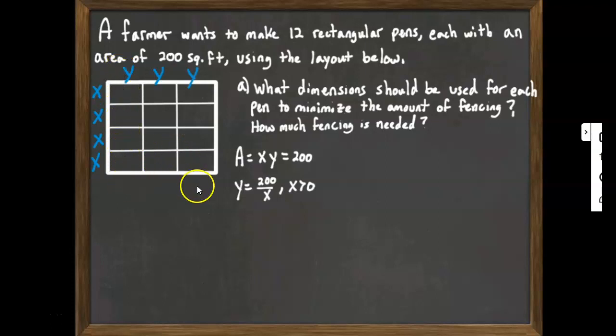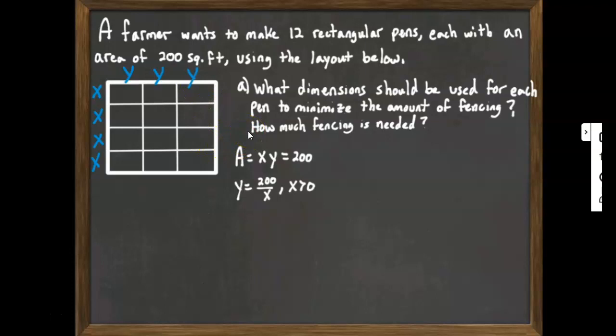So when x gets too big, it naturally defeats this problem. We don't have an upper limit, but when x gets really, really big, you're using way too much material, and definitely far from optimal.